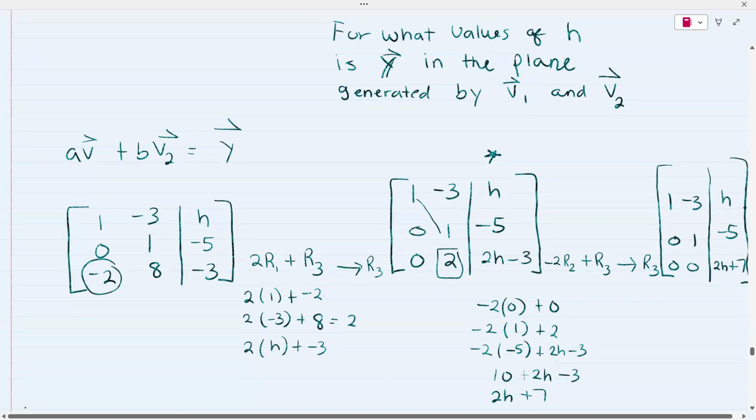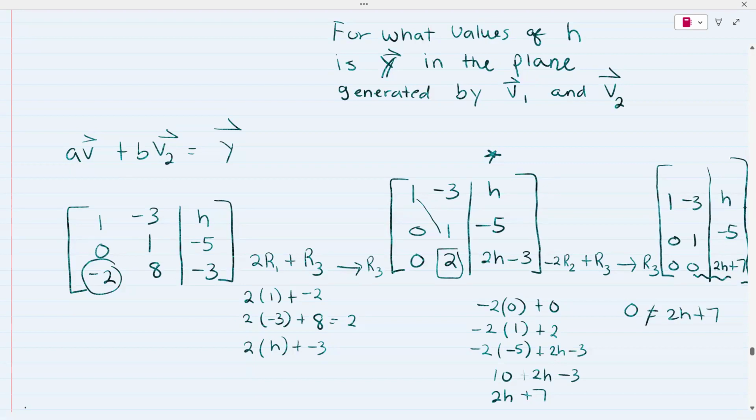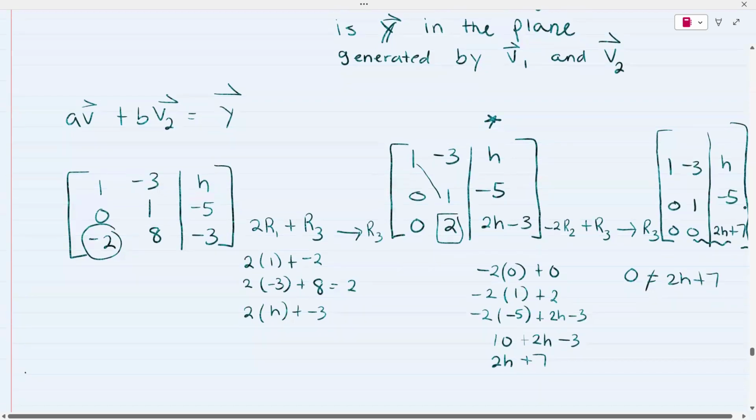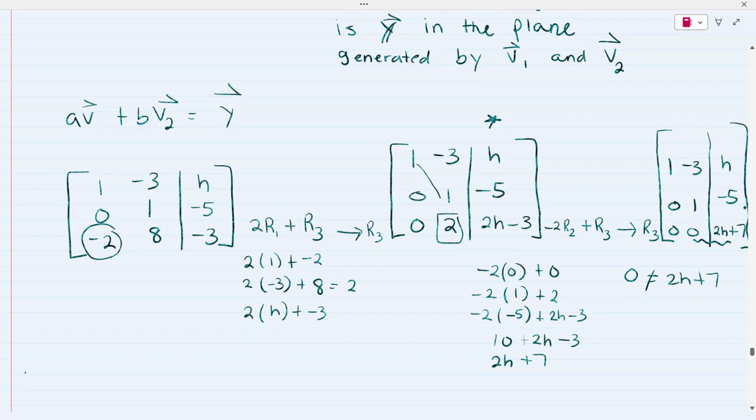Okay, so we could stop here. The reason is that you don't want to have this situation: 0 does not equal 2h plus 7. That's a big no. So this statement is false unless 2h plus 7 equals 0. Basically, we're trying to solve for h.